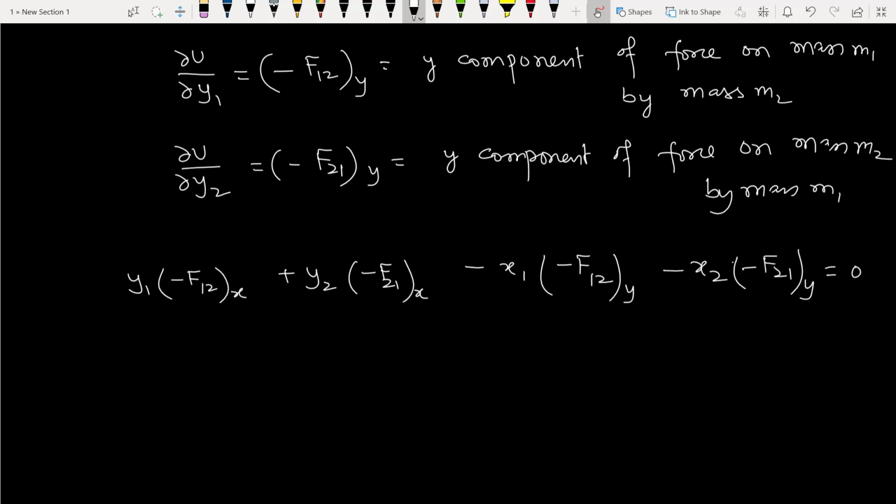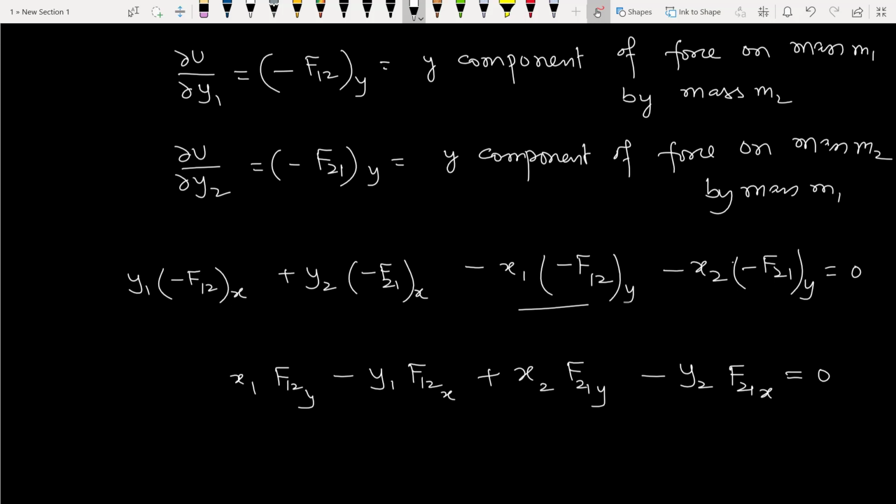So it is x1 F12 y component minus y1 F12 x component, plus x2 F21 y component minus y2 F21 x component, which is equal to 0.